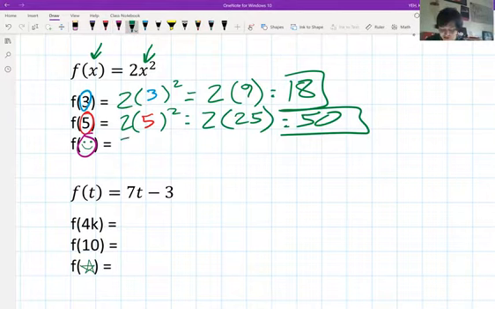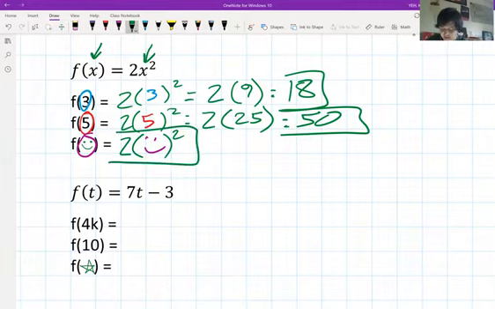So what is f of smiley face? Well, it's 2 times smiley face squared. And we don't have mathematical rules for how to square a smiley face, so I'm just going to leave it there. But f of smiley face is just 2 times smiley face squared. We can plug in smiley face. It doesn't make much sense mathematically, but that's how functions work. Whatever is inside those parentheses, we plug in for x.